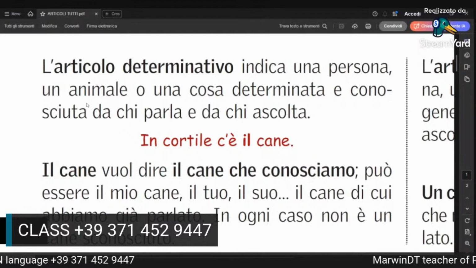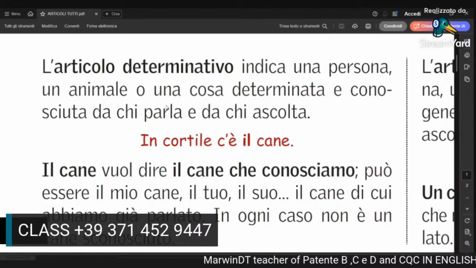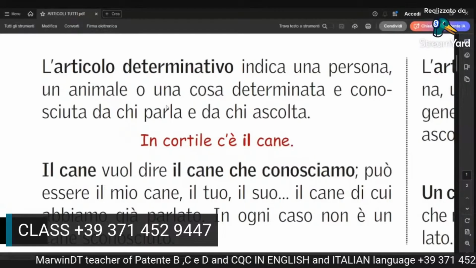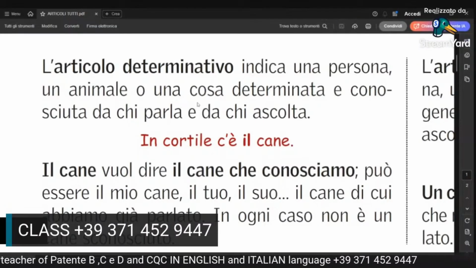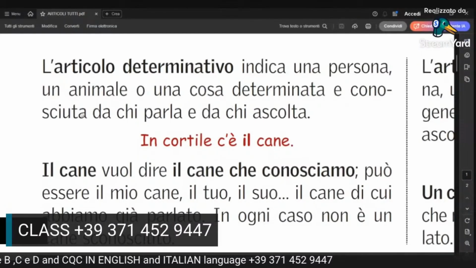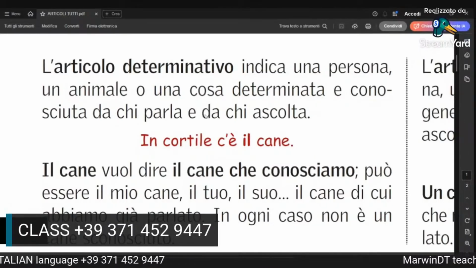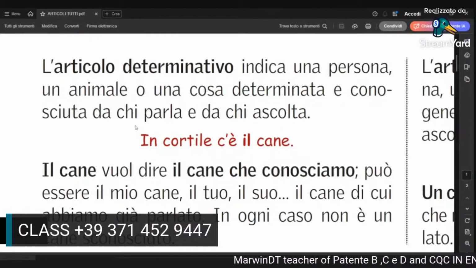What do we use articolo determinativo for? It means we use it indicare una persona, un animale o una cosa determinata e conosciuta da chi parla o da chi ascolta.